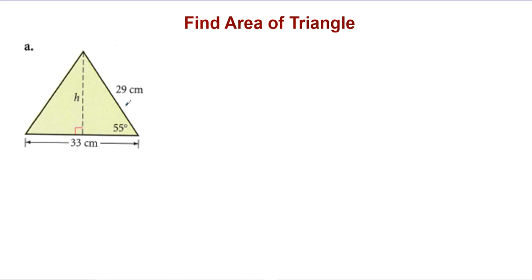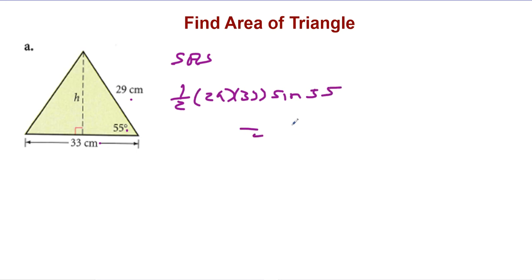So here I have an angle with 2 adjacent sides, so I have side angle side, and that's nothing more than 1/2 times 29, doesn't matter which one you put first, times 33 times sine of 55, and that gives me my answer. Let me toss this in the calculator real quick. Where is my calculator?